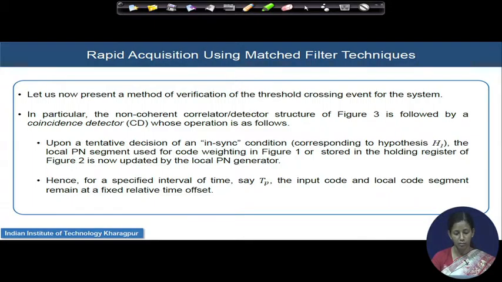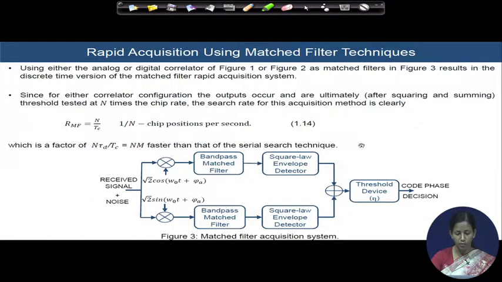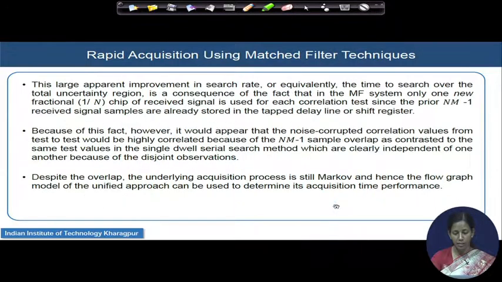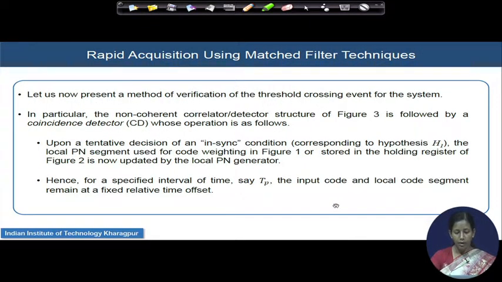Let us go back to the architecture of figure 3. After the addition, we have a threshold device eta, where eta is the threshold point over which the verification algorithm is running inside the threshold device.